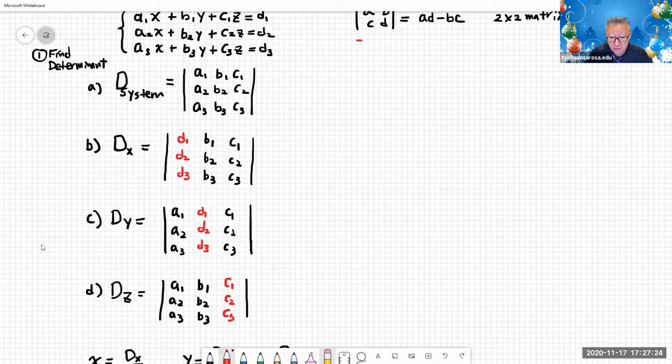Whatever column or row you use, you're going to have to follow this sign convention, and I'll show you what I mean. You cannot change this. If you do not follow this, you're going to end up with the wrong answer.